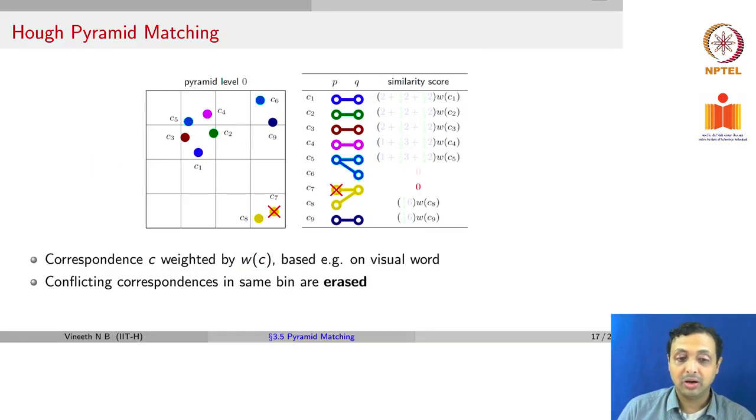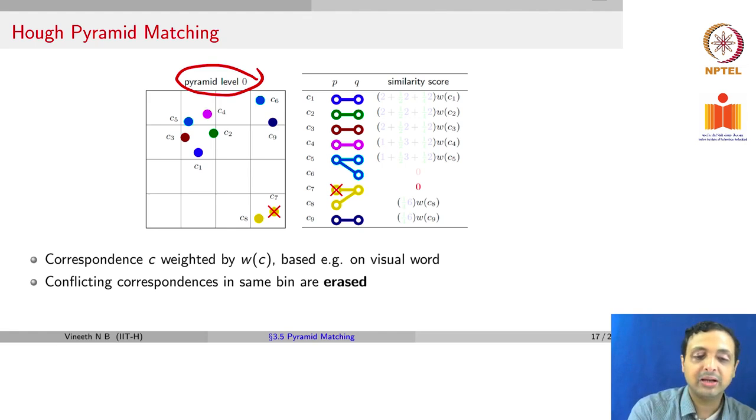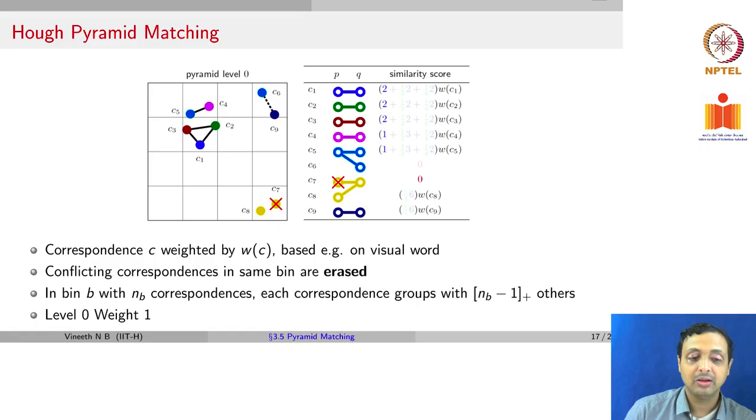Then at level 0, which is the first level of matching, where you have very granular bins, if there are conflicting correspondences in the same bin, you're going to erase them. For example, you see that C7 and C8 have two different points from image P matching to the same point in image Q, so you're going to remove one of them. C7 is removed in this case, and you retain only C8.